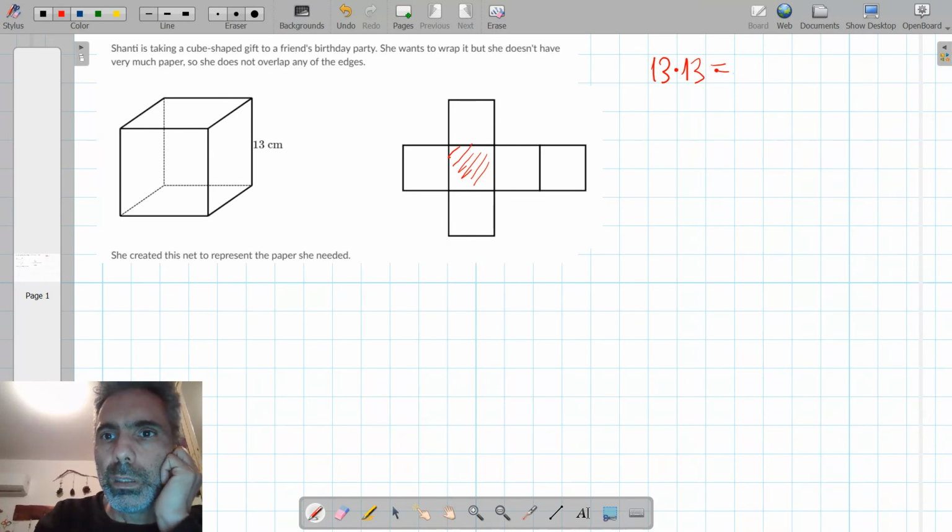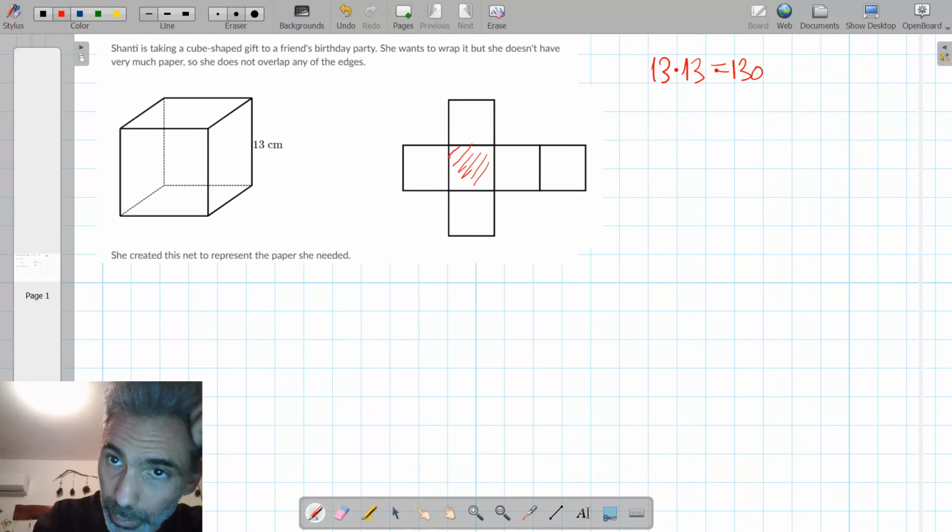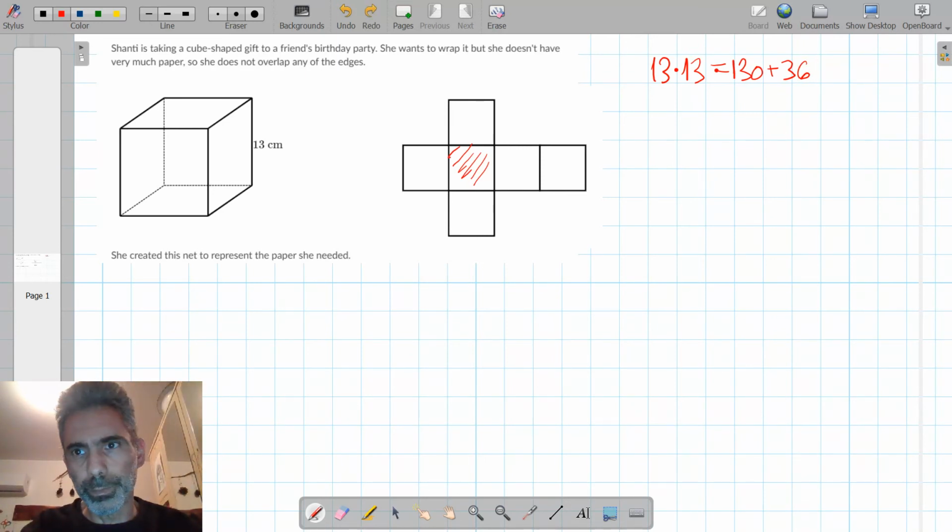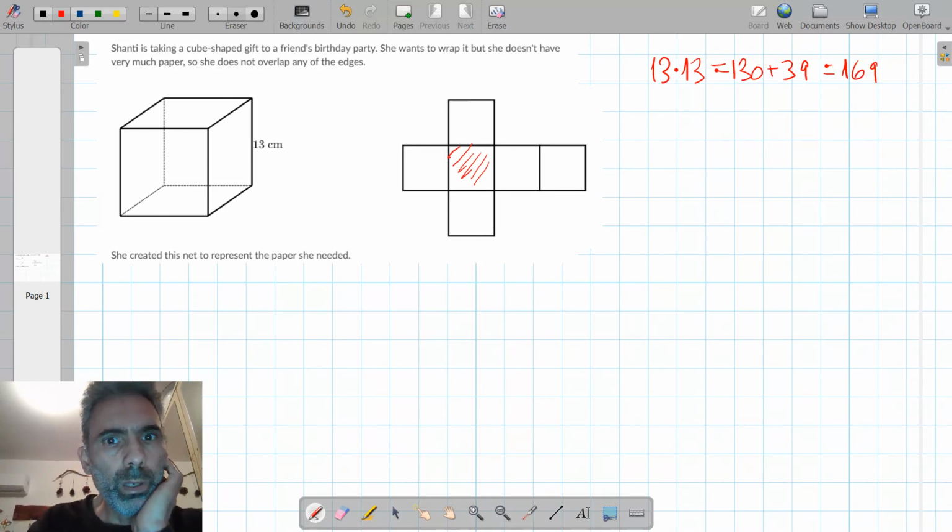13 times 10 is 130. 3 times 13 is 39. So 13 times 13 is 169. And we have 6 of these faces.